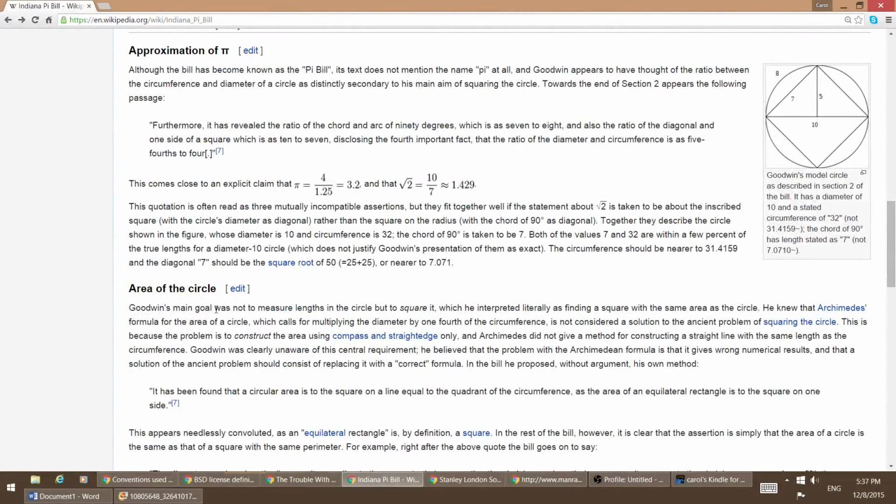So, the area of the circle. Goodwin's main goal was not to measure lengths in the circle, but to square it, which he interpreted literally as finding a square with the same area as the circle. He knew that Archimedes' formula for the area of a circle, which calls for multiplying the diameter by one-fourth of the circumference, is not considered a solution to the ancient problem of squaring the circle.